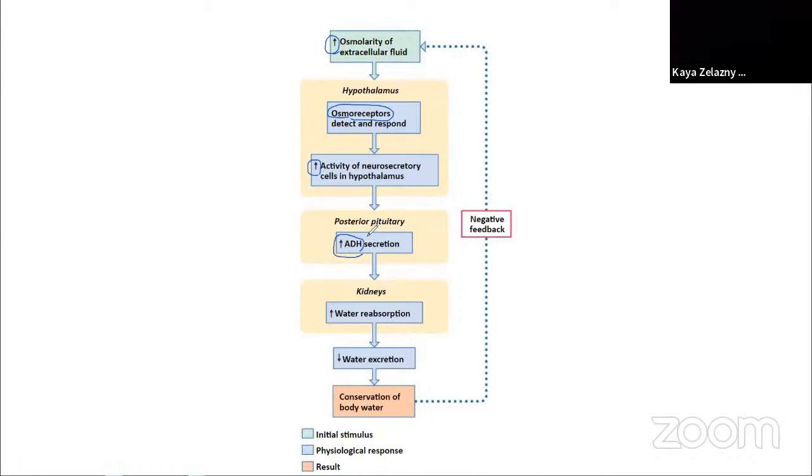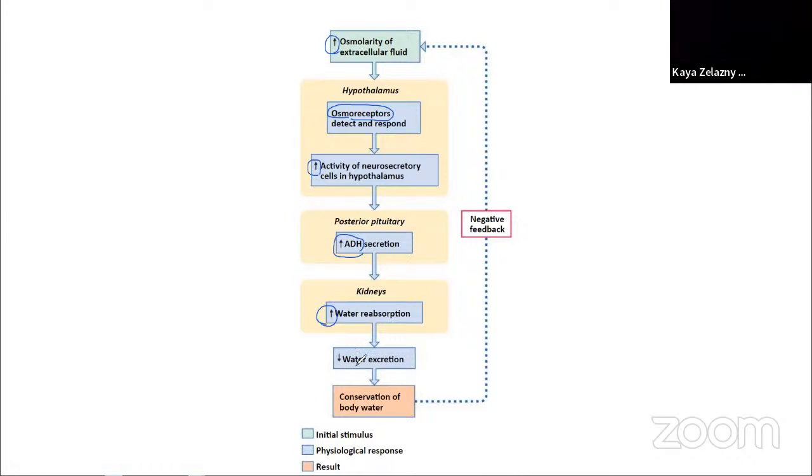The location for that is our posterior pituitary. ADH swims around in your bloodstream. That's what it means to be part of the endocrine system. That's what it basically means to be a hormone. So once it gets to the kidneys, we insert those aquaporin 2s onto the apical membrane, increasing water reabsorption. So that water is moving into the plasma. And we want to remember the opposite. If it's in the plasma, it's not where it was before, right?